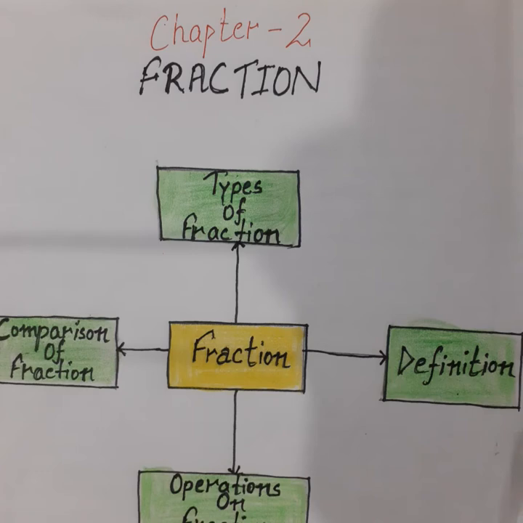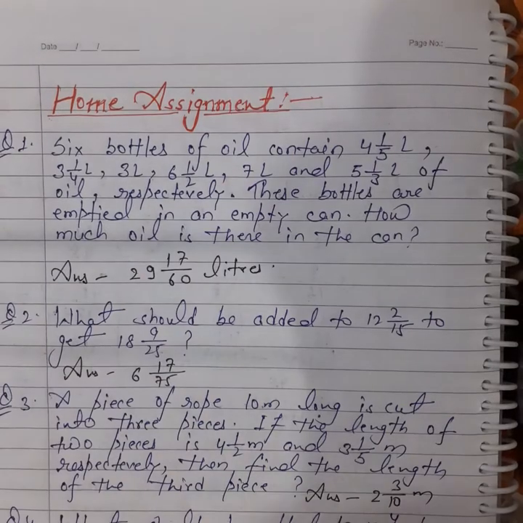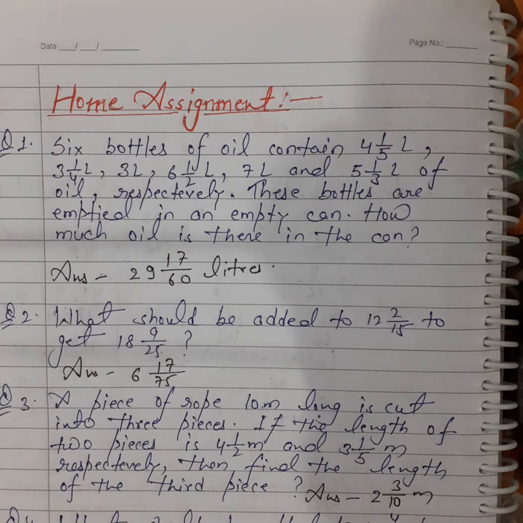Before going to start today's lesson, first match your answer of the previous assignment. The first question is: 6 bottles of oil contain 4 whole 1 by 5 liter, 3 whole 1 by 4 liter, 3 liter, 6 whole 1 by 2 liter, 7 liter and 5 whole 1 by 3 liter of oil respectively.